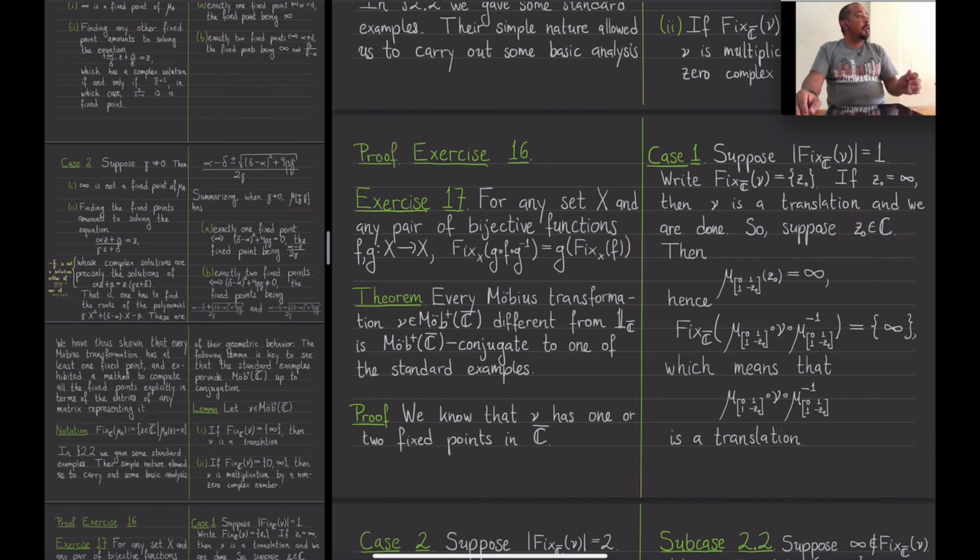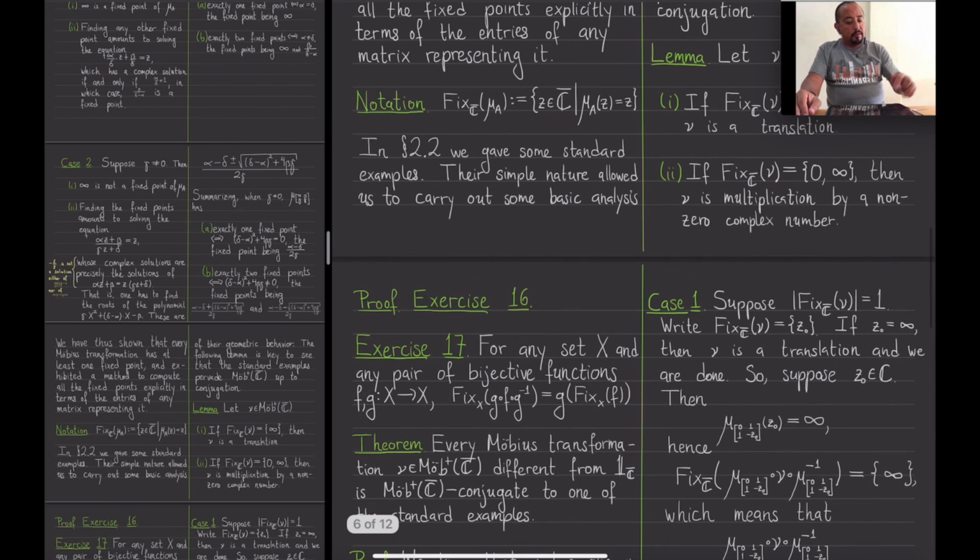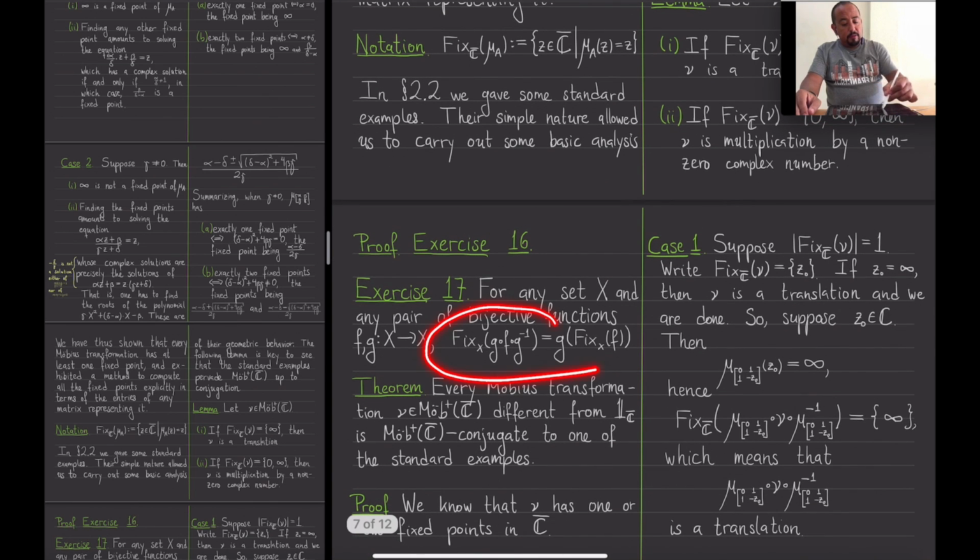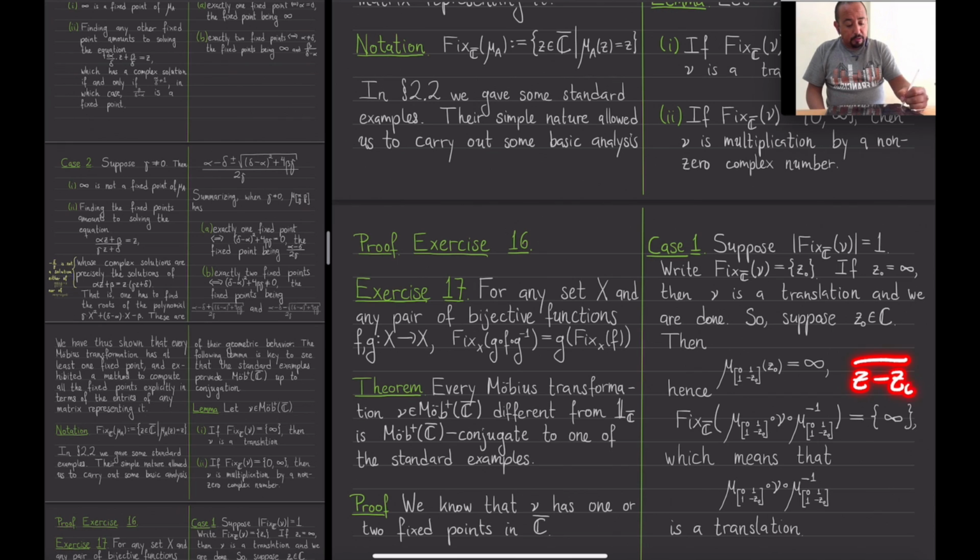Because we know this lemma, and because we know that the fixed points of the conjugate are g of my original fixed points, I want some Möbius transformation g that takes z0 to infinity. Once you tell me that, we are done. I want z minus z0 to appear in the denominator, and in the numerator, let's say 0z plus 1.